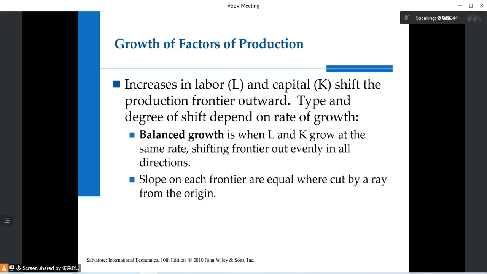Balanced growth is when L and K grow at the same rate, at the same speed, shifting the frontier out evenly in all directions. Slopes on each frontier are equal where cut by a ray from the origin.